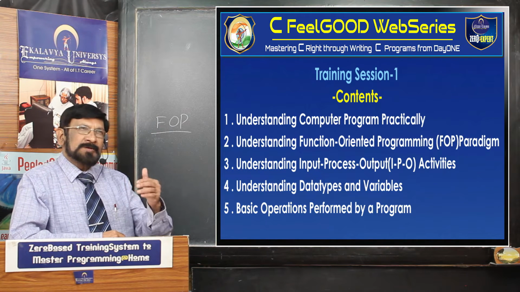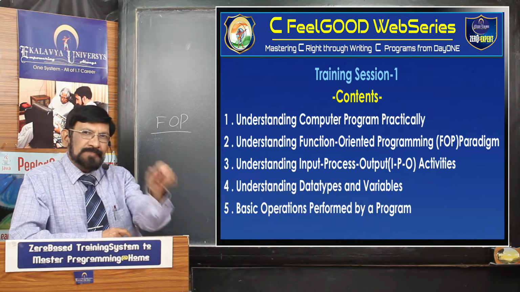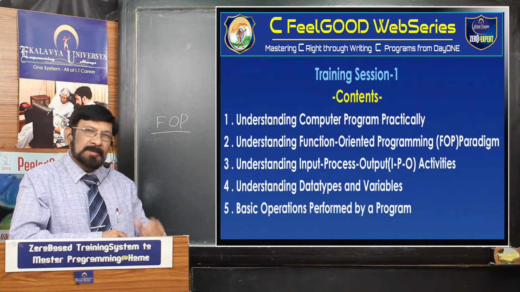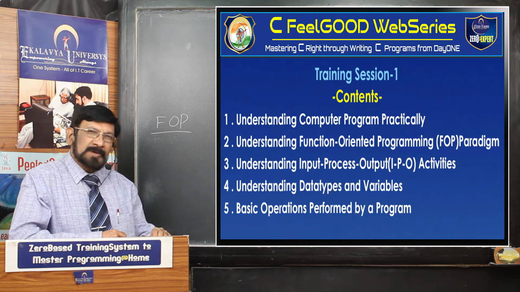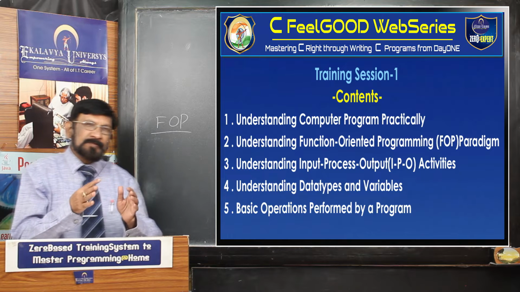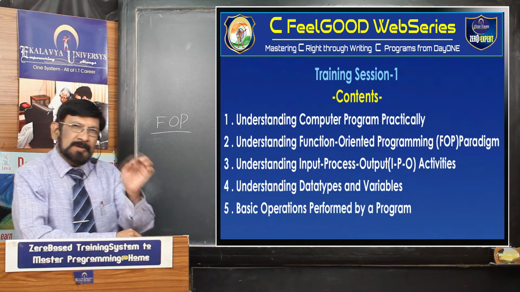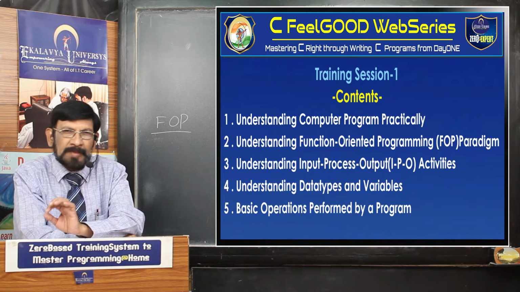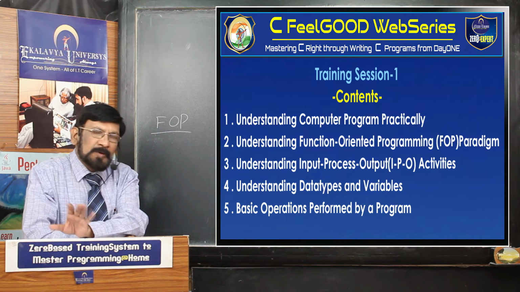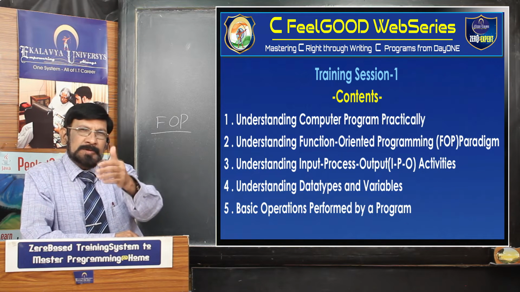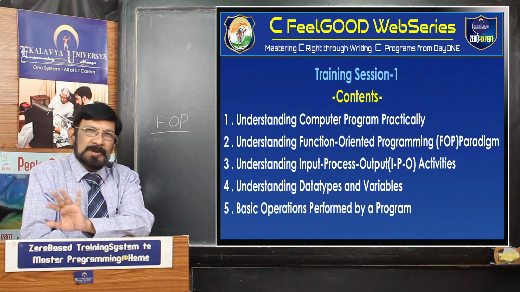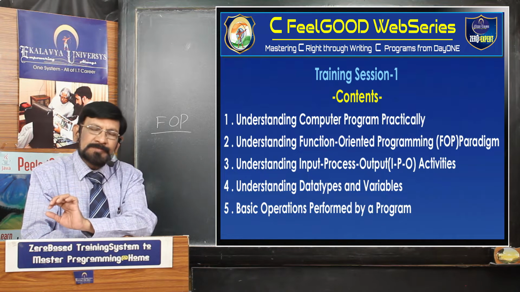Paradigm means an implementation model. In order to achieve different tasks in our real life, we use different approaches, different implementation models. That is called a paradigm. In programming also, in order to achieve a programming task, we can implement different paradigms.